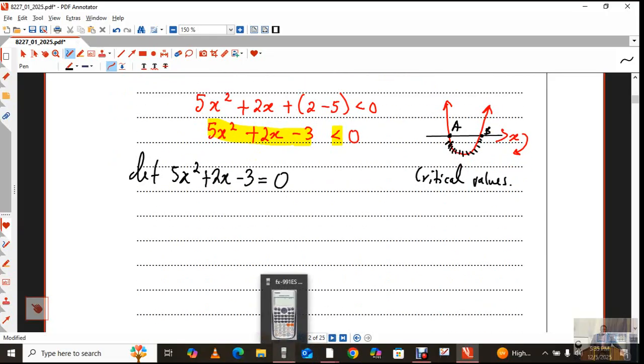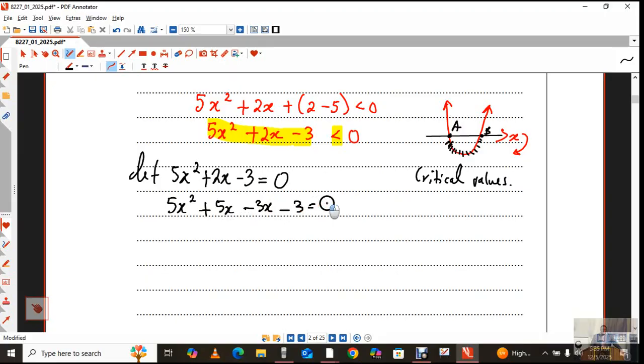And you're going to attempt to solve in order to find those critical values. And at this stage, I do expect you to be able to factorize this and solve it. And if you do, you're going to have 5x squared plus, maybe you can go directly, plus 5x minus 3x minus 3, that will give you 0.